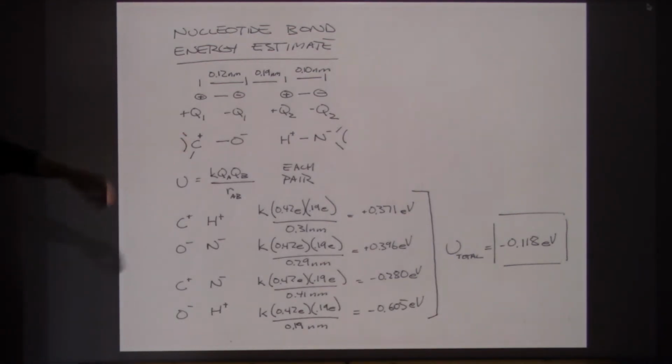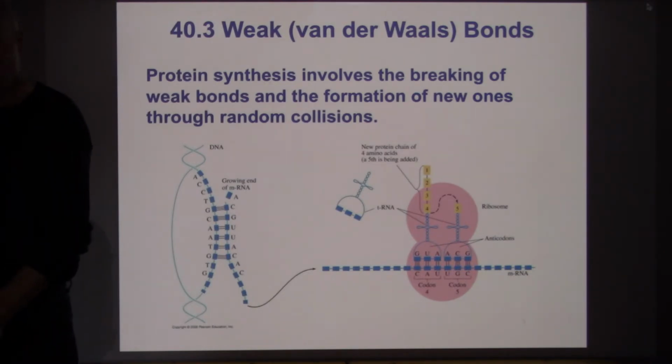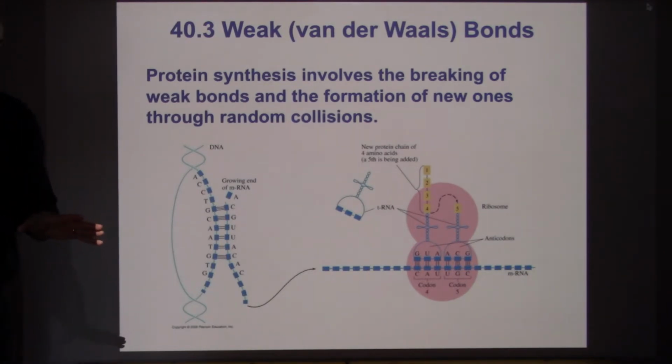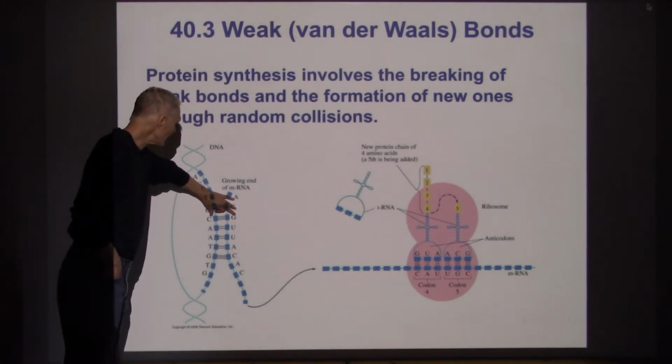When we add all the effects together, overall, the potential energy is negative, and that means that there will be attractive forces drawing these guys together. Okay, so just as an example as to what we've got. So this works throughout biological systems. So it works in holding DNA together.